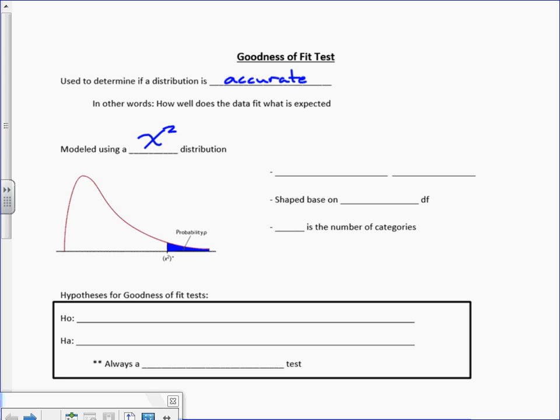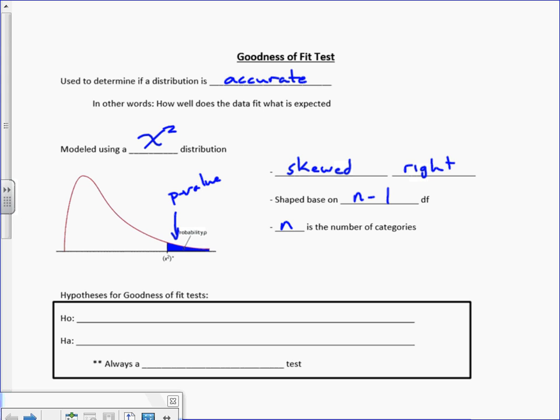There's just a couple things about the chi-squared distribution. It's skewed right, and when we're going to use it, we're going to base it on n minus 1 degrees of freedom, where n is the number of categories. So just as before, this is still your p-value, the area that you shaded under the curve.